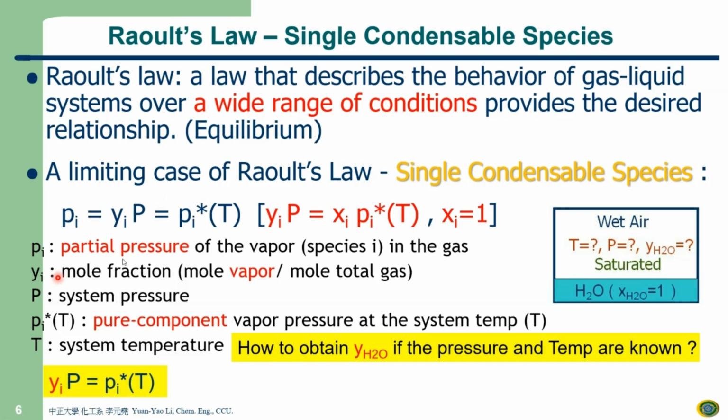So how do we obtain this one, if I give you T and P? How do we obtain the molar fraction of the water vapor if the pressure and the temperature are known? I give you the temperature and pressure in this system, and using Raoult's law, you want to get yi.